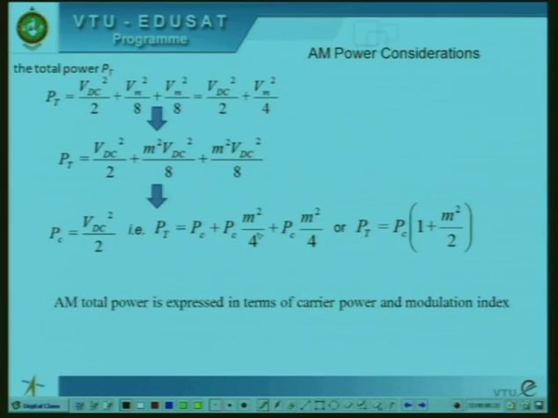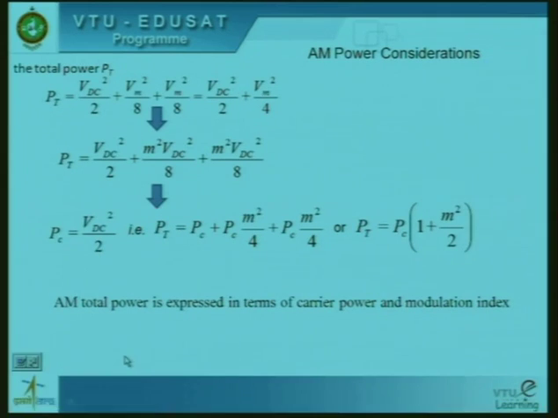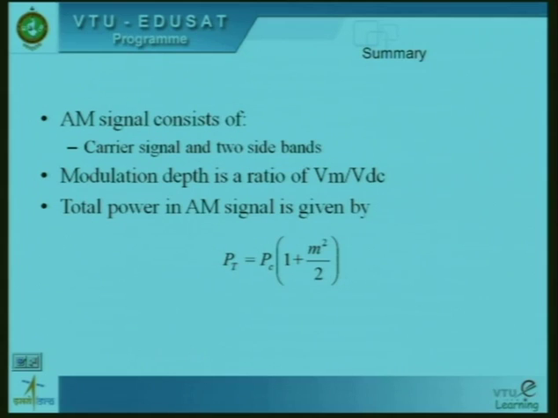Okay. So let me now summarize. An amplitude modulated signal consists of a carrier signal and two sidebands, and there is a parameter called modulation depth, which is given by Vm by VDC, and we need to ensure that m is always equal to 1 or less than 1.